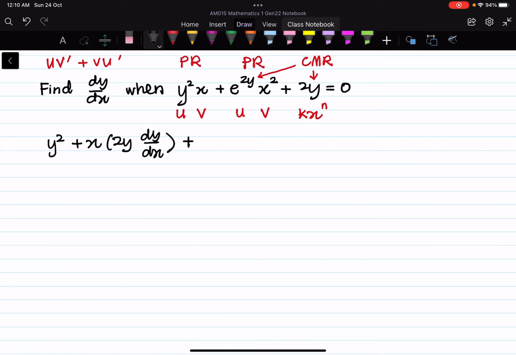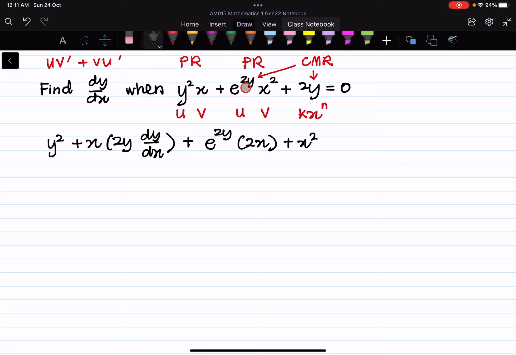Plus, now we're going to differentiate e to the power 2y x squared using the product rule. Our u is e to the power 2y, and if we differentiate x squared with respect to x, we're going to get 2x, plus v is x squared, and if we differentiate e to the power 2y with respect to x, we're going to differentiate 2y using the constant multiple rule.